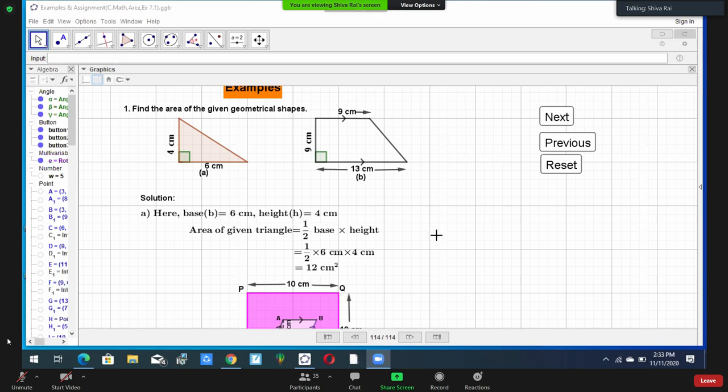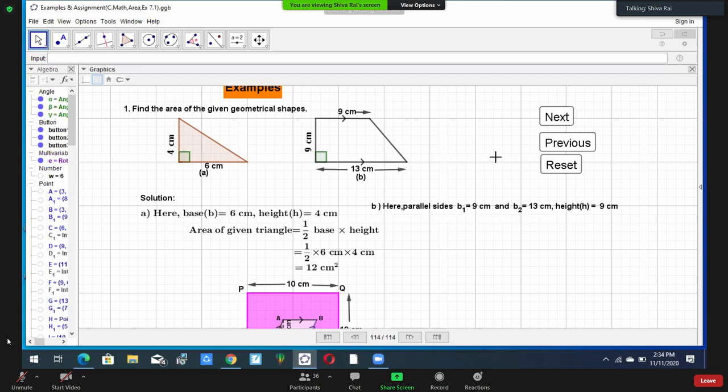Our next, let's see here next number. Okay, B number. Here parallel sides: one is B1, another is B2. B1 equal to 9 centimeter and B2 equal to 13 centimeter. Height equal to 10 centimeter. See, all these three necessary things are given here.